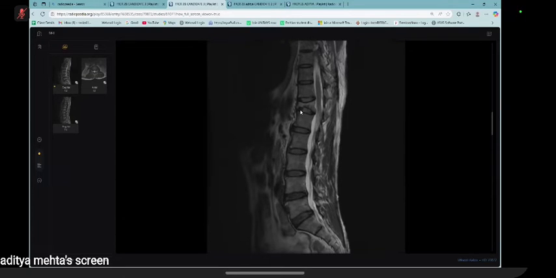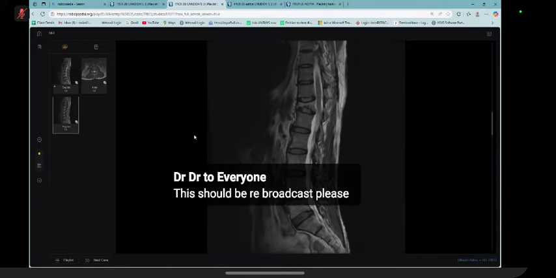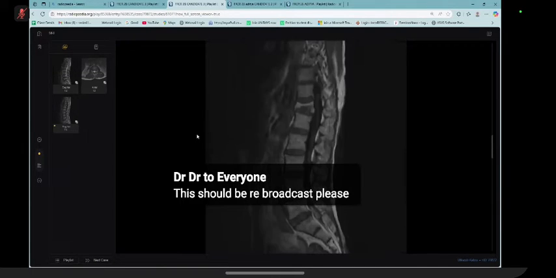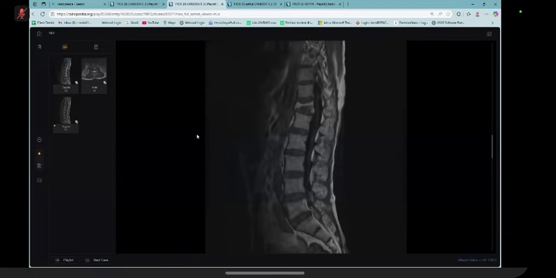I want to look at T1 also for the bone marrow signal. In the T1, it appears with normal bone marrow signal. It does not show any hypointense signal.